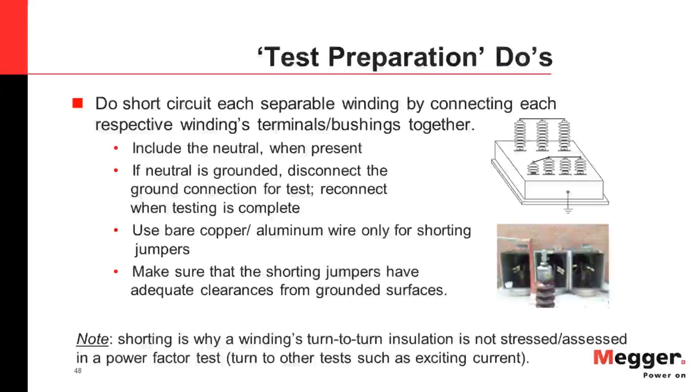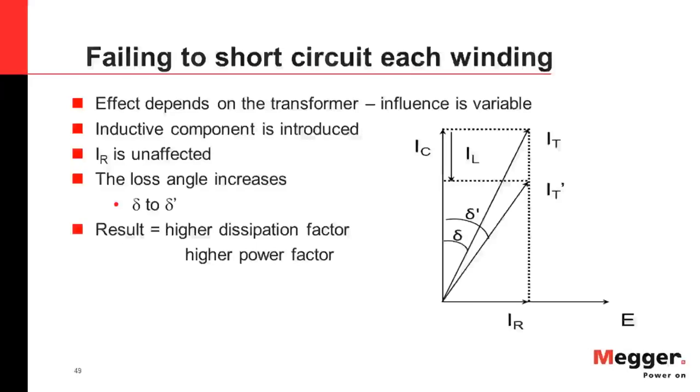But the mechanism at play is that an inductive component is introduced, which cancels and changes the apparent capacitive contribution to the measurement. So the resistive current is always unaffected, but because of the change in the capacitive contribution, which varies from transformer to transformer, the loss angle will change as well.